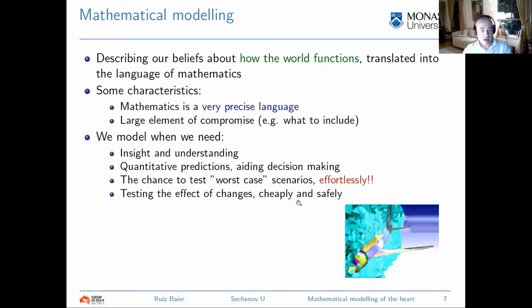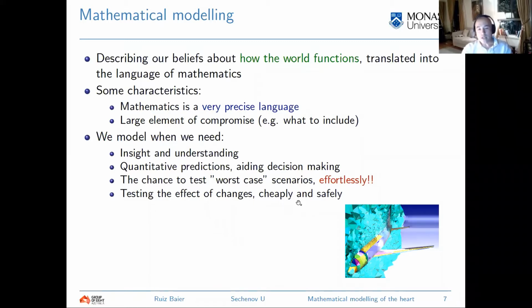And as I try to explain here, there's a large element of compromise, because you can decide to include some things that might not be important in the end, or you can decide to leave aside some factors that in the end were decisive in predicting some outcome. So it's a big commitment to say, I'm going to put these things into my model or not. For that, the more informed you are on the topic, the applicative problem at hand, the better.